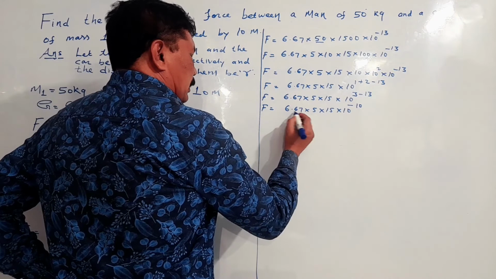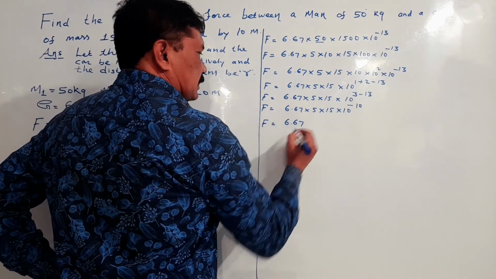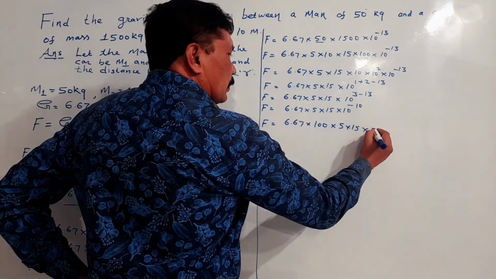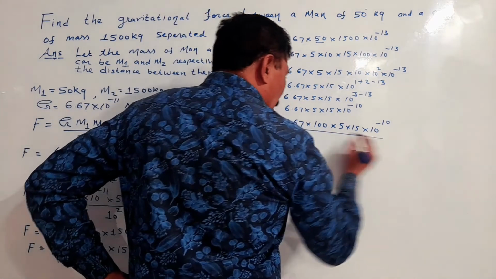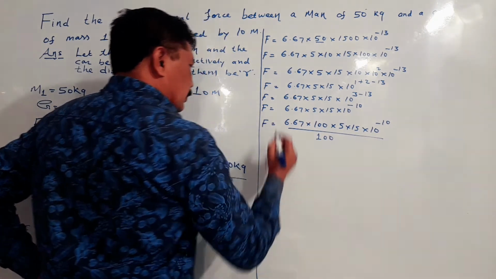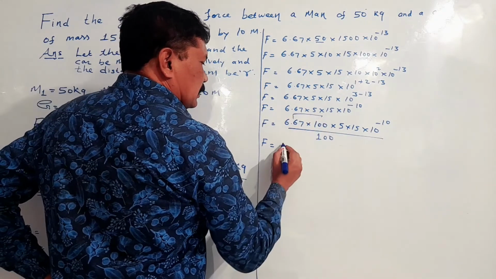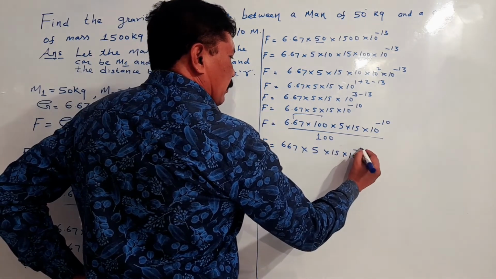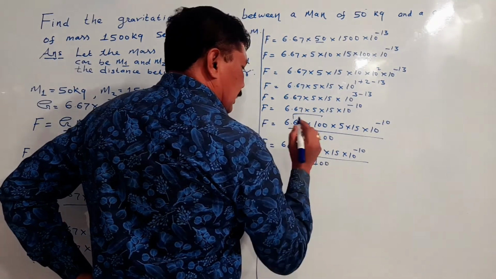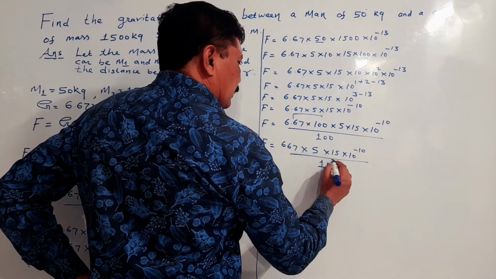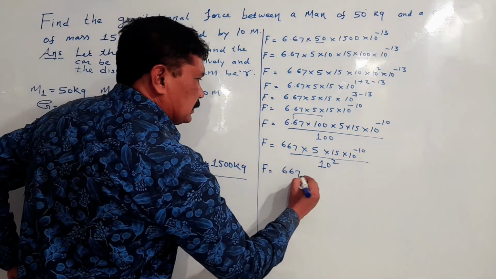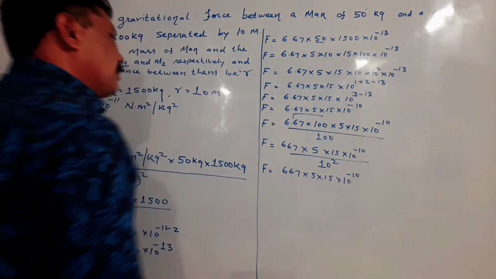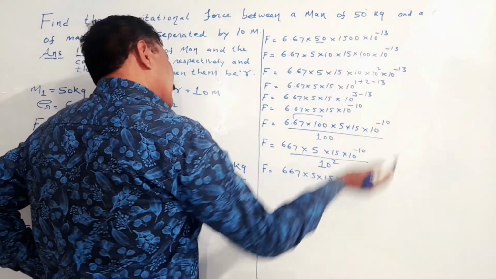Now my dear student, here we are going to remove the decimal point. So F is equal to 6.67 into 100 into 5 into 15 into 10 to the power minus 10 upon, here we have to divide it by 100 in order to remove the point. F is equal to, point is removed, 667 into 5 into 15 into 10 to the power minus 10, and in the denominator we can write 100, and 100 we can write as 10 square. 10 raised to the power 2 will take in the numerator.